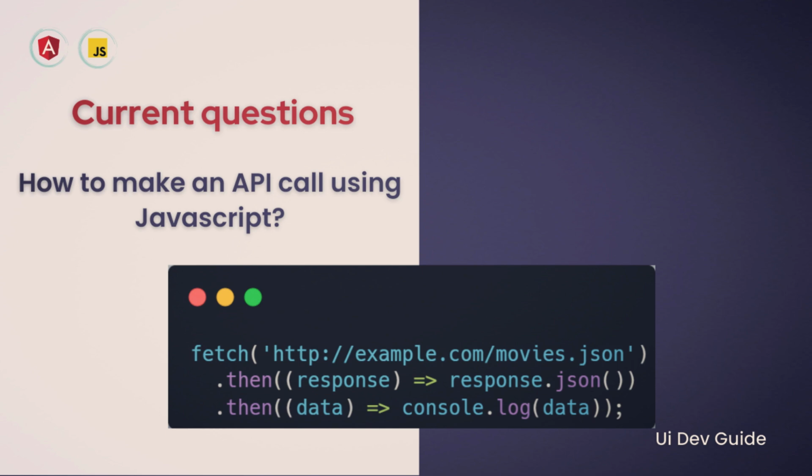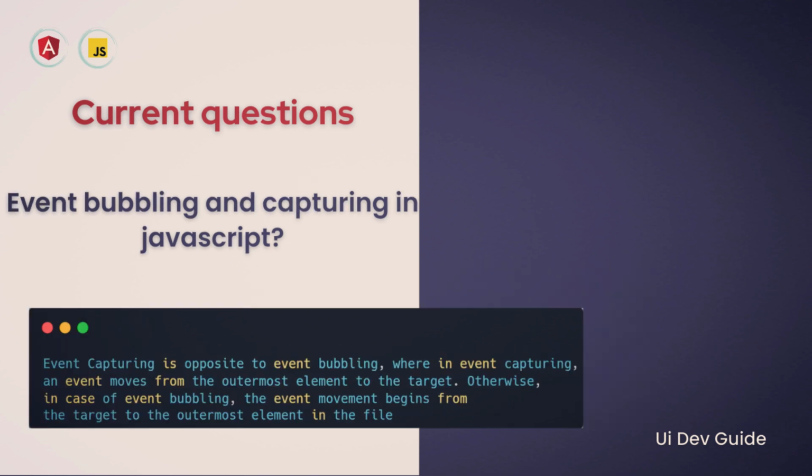Have you heard about event bubbling and event capturing? Yes, event bubbling I know. There are three divs, for example, div one inside div two, and inside div two there is a div three which contains the button.